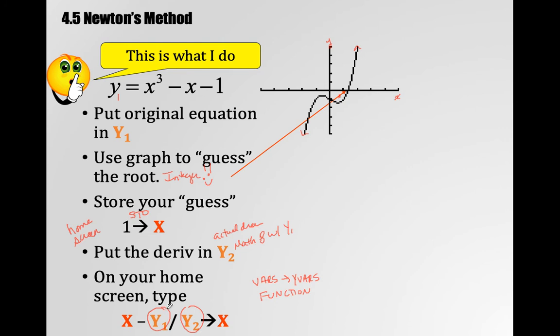Notice that you don't have to have any parentheses here. By default, when you hit y1 enter, the calculator will automatically use the X value that is stored in its X cell. It will only plug in a different number if you tell it to, but we don't need it to.